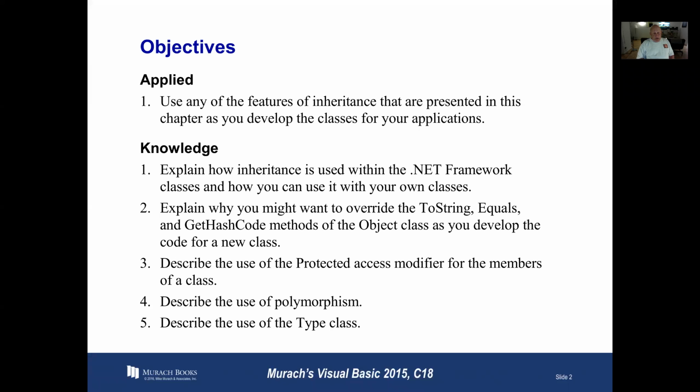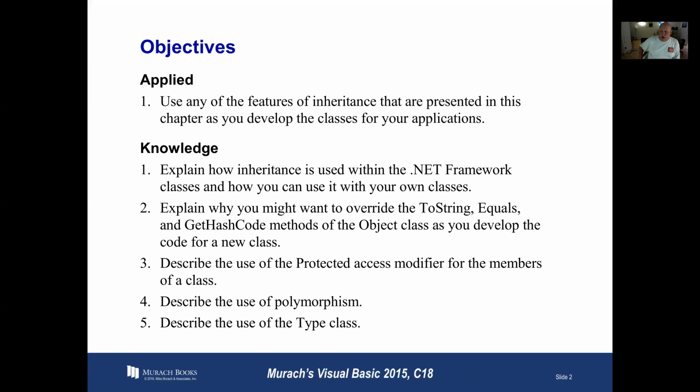What knowledge will you gain this week: you're going to explain how inheritance is used with the .NET framework classes and how you can use it with your own classes. Explain why you might want to override the ToString, Equals, and GetHashCode methods of the object class as you develop the code for a new class.